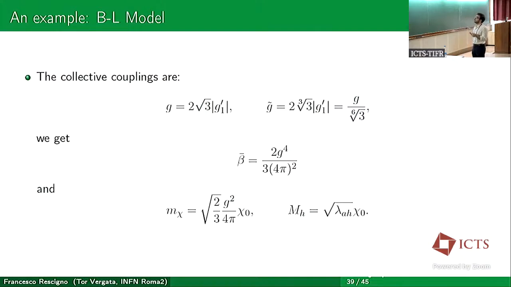So G tilde and G are related, and this relation is specific to the model, it's not general. In general, the relation between these two depends on the model, this is what I want to say. Then beta bar takes this simple form, and we can then calculate the mass of the scalar field, and of course the mass of the Higgs boson here, that takes this form here.